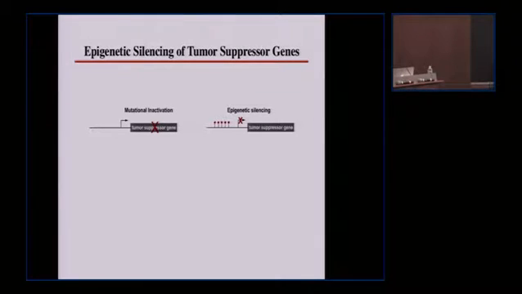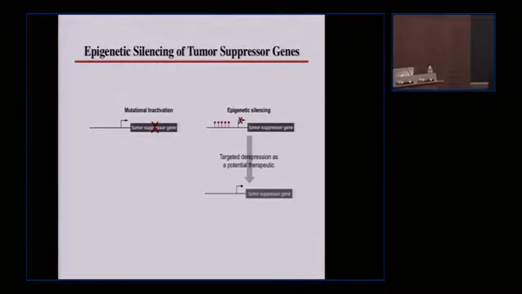The epigenetically silenced tumor suppressor gene has the hallmarks of heterochromatin, hypermethylated DNA regions, and repressive chromatin marks. Now, an important difference between these two modes of inactivation is that while this is irreversible, this can be reversed, and there's a lot of interest in the biotech and pharmaceutical industry about finding biological or small molecule inhibitors that can reverse silencing and restore tumor suppressor gene function.